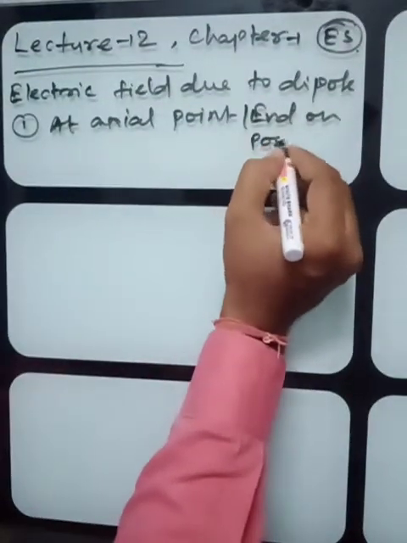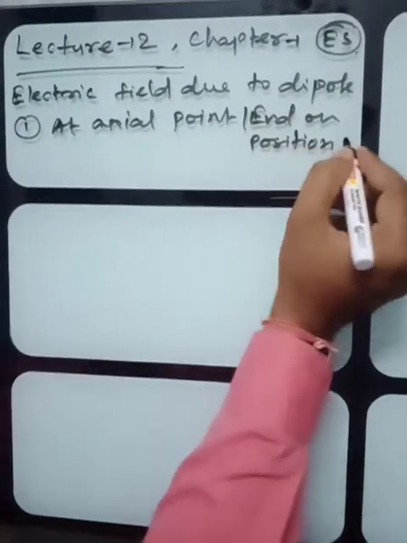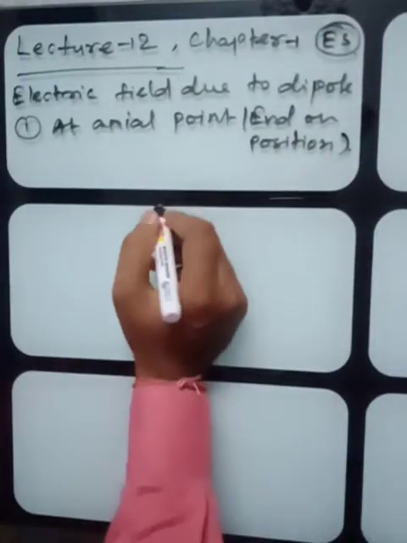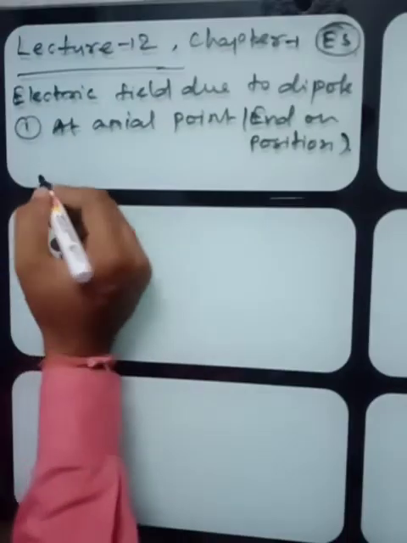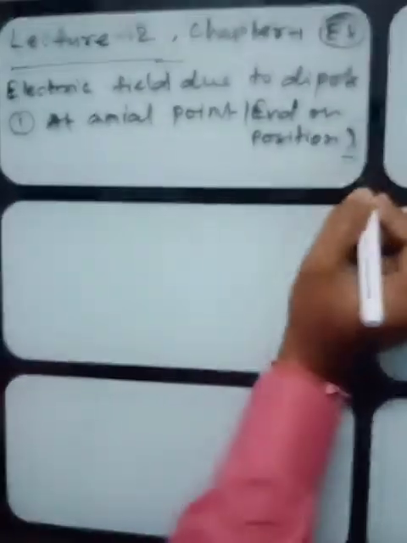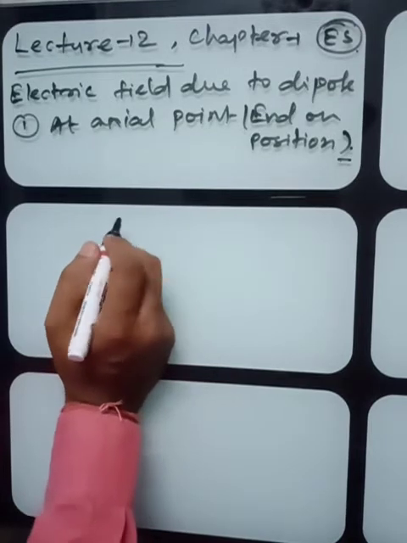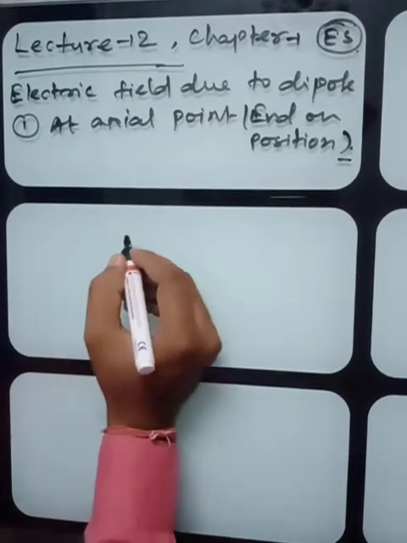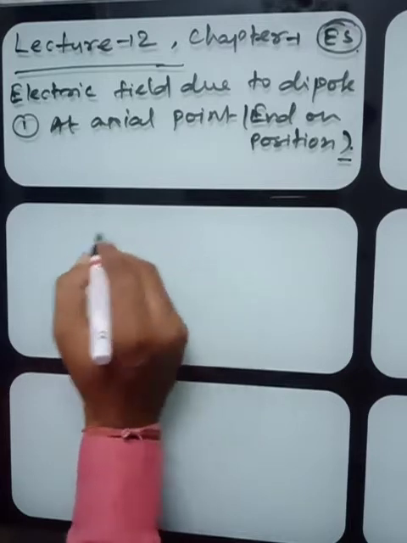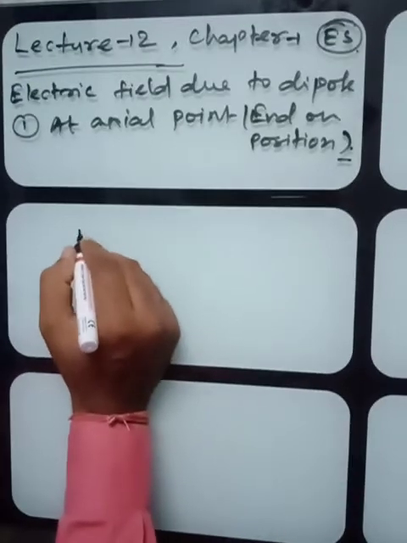Students, we have discussed that the end on position, or the axial point, lies on the axis of the dipole, that is, on the line joining the two charges.